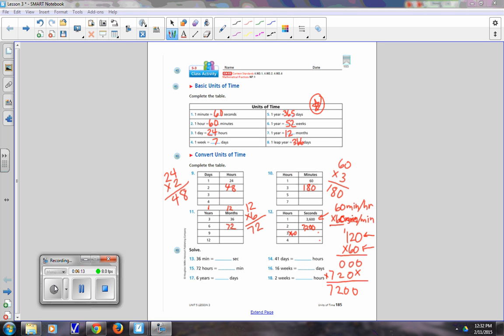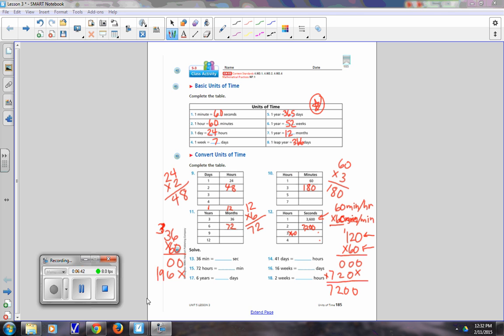So 36 minutes equals how many seconds? Well, there's 60 seconds per minute. So I'm going to do 36 times 60. 36 times 60. 6, carry the 1, 18, 19.